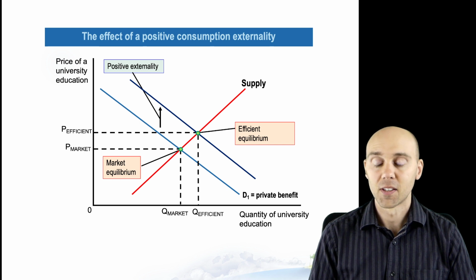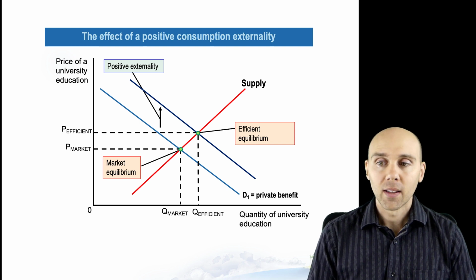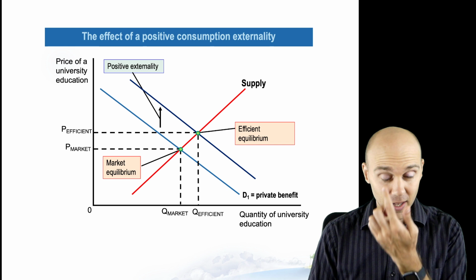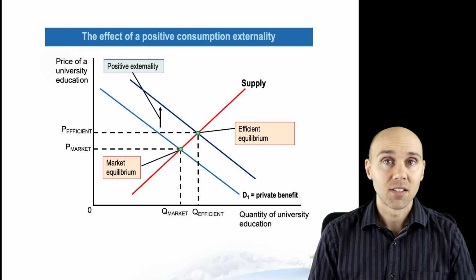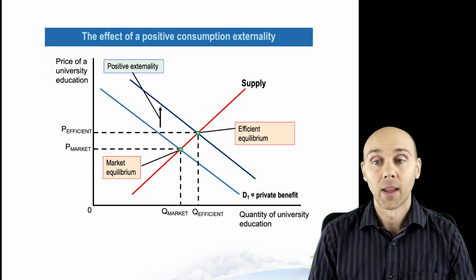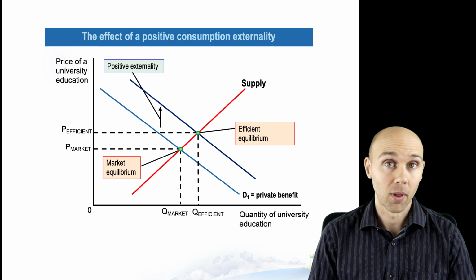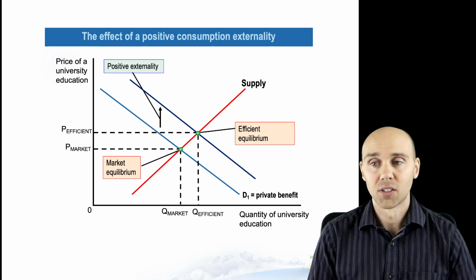So that's the efficient point that we want to get to, but the free market is going to leave us instead at this market equilibrium point, the Q market and the P market, which means that at every extra quantity produced in between Q market and Q efficient, there are gains to society in terms of the point on the demand curve minus the point on the supply curve, that extra sort of willingness to pay minus willingness to accept.